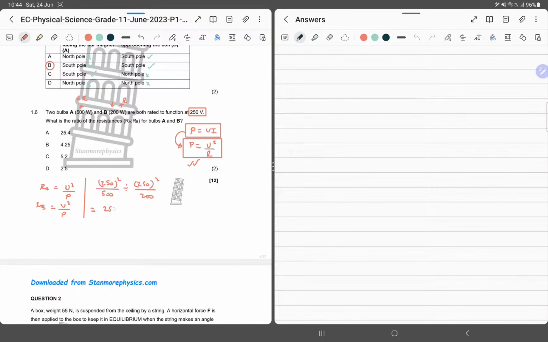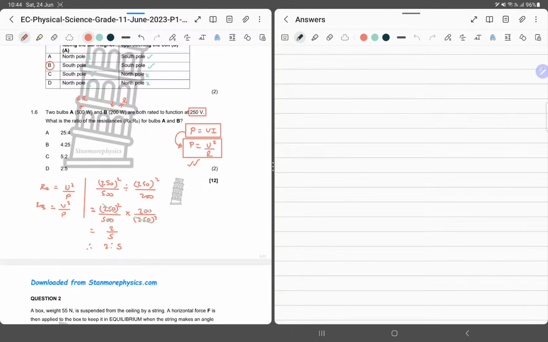So we know that this is 250 squared divided by 500. Then we flip this, it's 200 over 250 squared. Now with this setup, we know that this cancels with that, and these two cancel with that. So our resulting ratio here is going to be 2 over 5, which when you express the other way around is going to be 2:5.